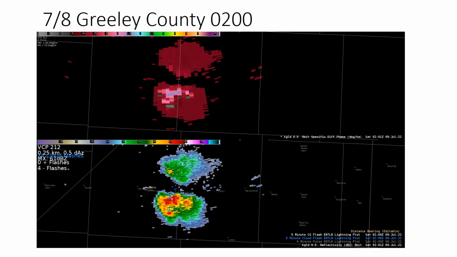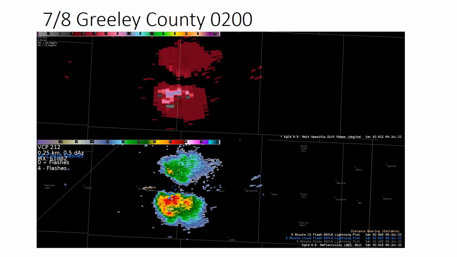And then moving on to the next time, you can see that the KDP core has significantly weakened, and the overall lightning has decreased as well. In between 2150Z, which was the previous slide, and this slide, there was a Weather Underground site roughly 8 miles to the east of Tribune that registered a 60 mile an hour wind gust as well.